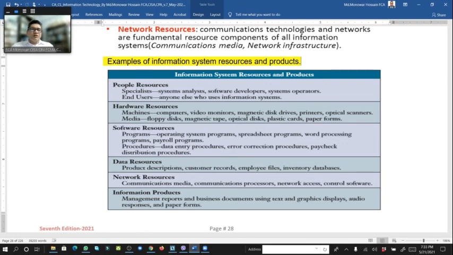Okay, so network resources: communication media, communication processes, network access control software, etc. Look at the network resource.